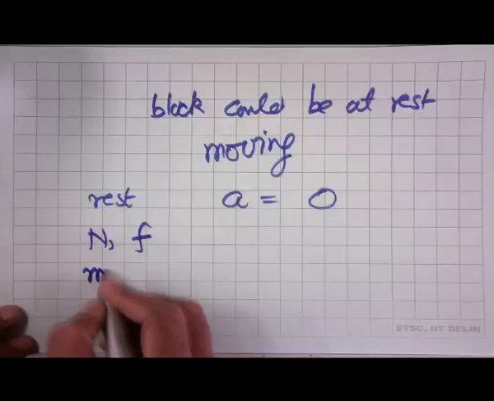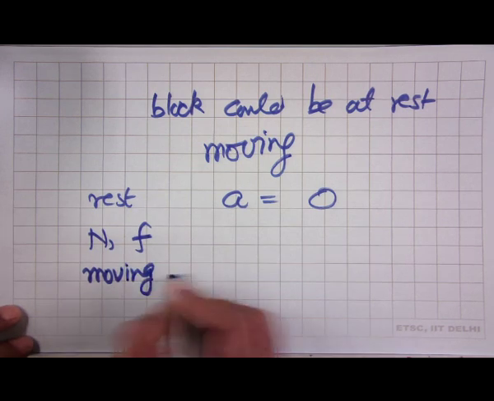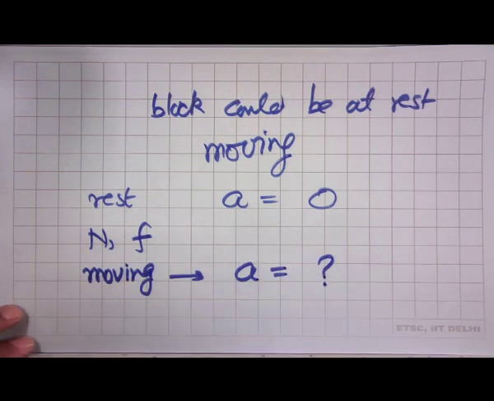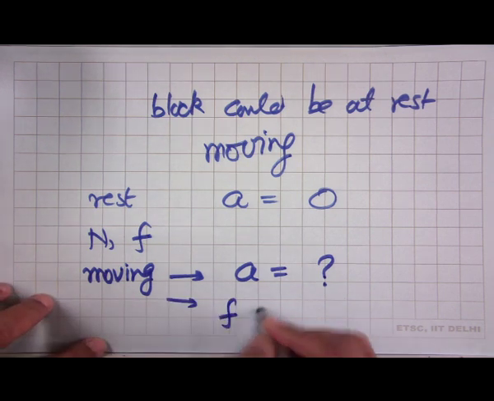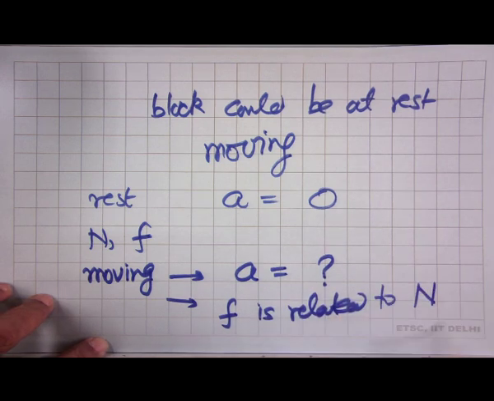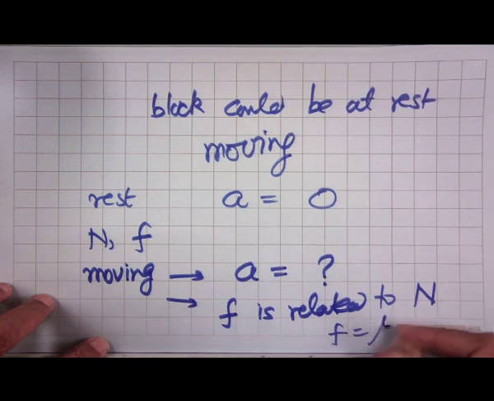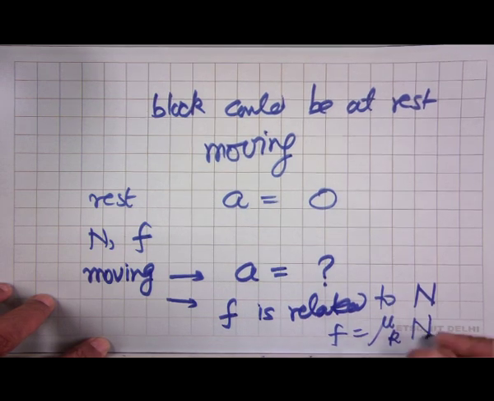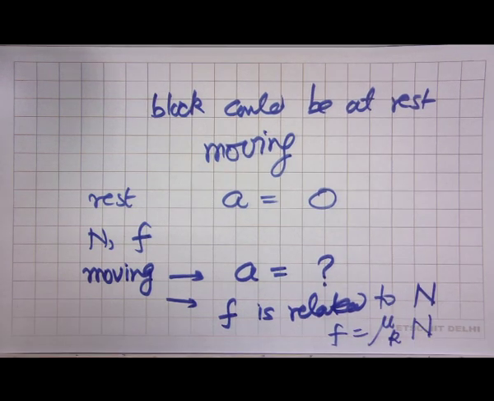But if the block is moving, then let us say the tension is given, so acceleration is not known. But there what we have is, F in this case is related to N by F is equal to mu k N. And so therefore this gives us that extra relation.